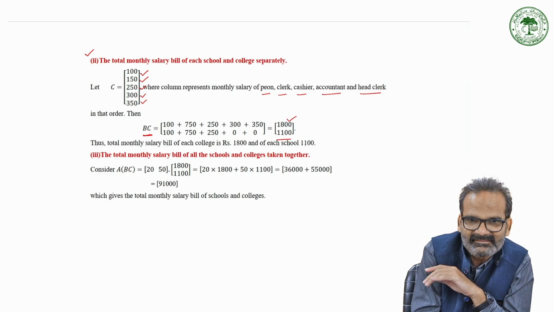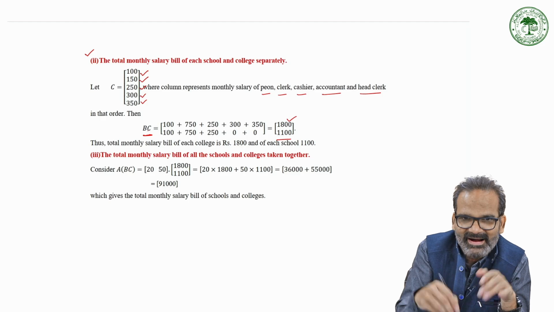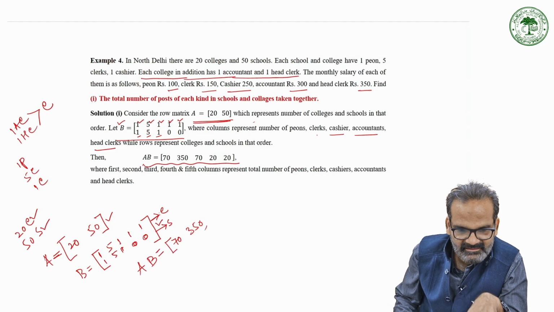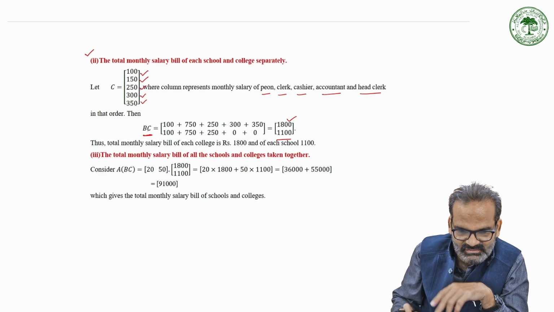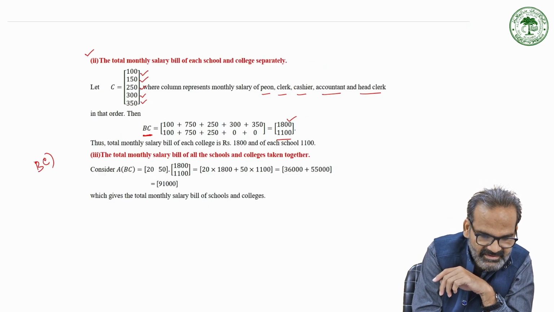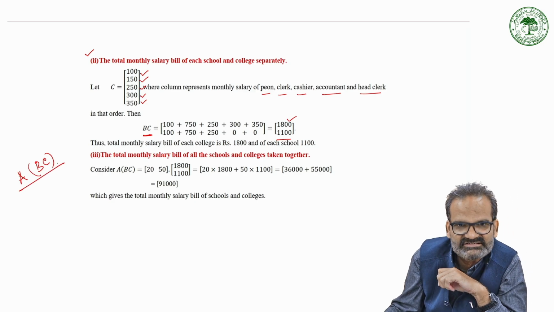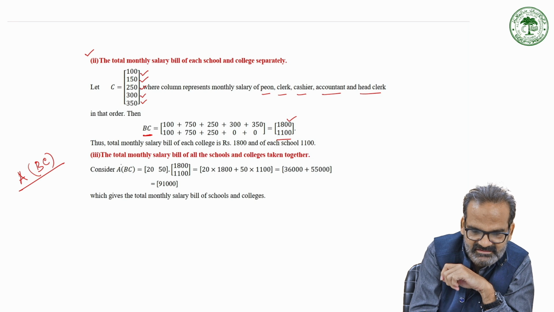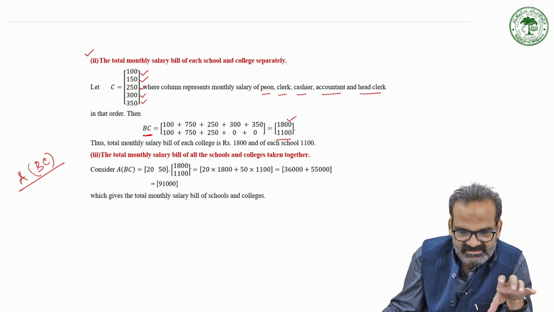To combine, what is A? A equals the number of schools and colleges. If we multiply BC with A, the total number of schools and colleges, we get the total monthly salary bill of schools and colleges taken together.